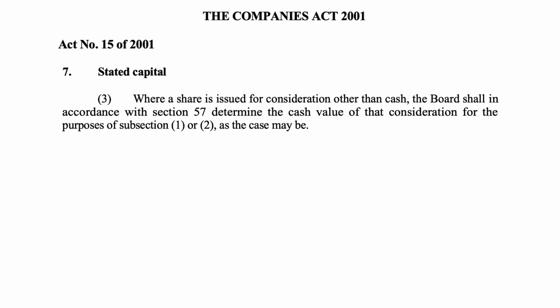Subsection 3 discloses that when a share is issued for consideration other than cash, the board shall, in accordance with Section 57, which concerns shares not paid for in cash, determine the cash value of that consideration for the purposes of subsection 1 or 2 as applicable.